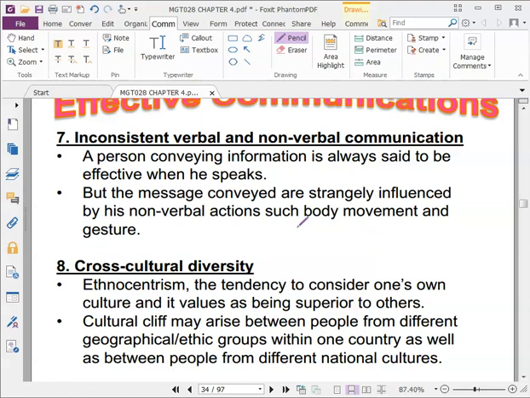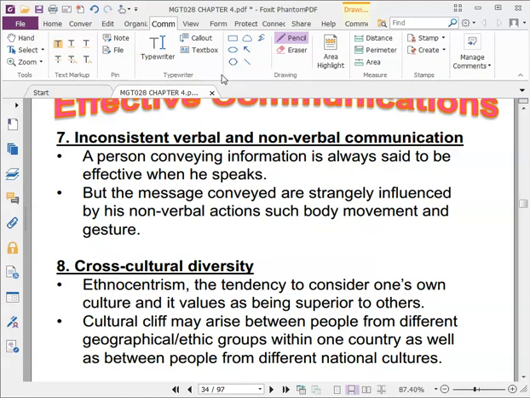Okay, disebabkan oleh body movement dia tu kita boleh jadi terdistract. Okay. Masa komunikasi tu, bila kita ada buat pergerakan yang terlalu melampau, dia akan distract kita punya fokus. Fokus untuk sender tu faham apa maksud yang dia nak sampaikan. Itu maksudnya inconsistent verbal and non-verbal communication.